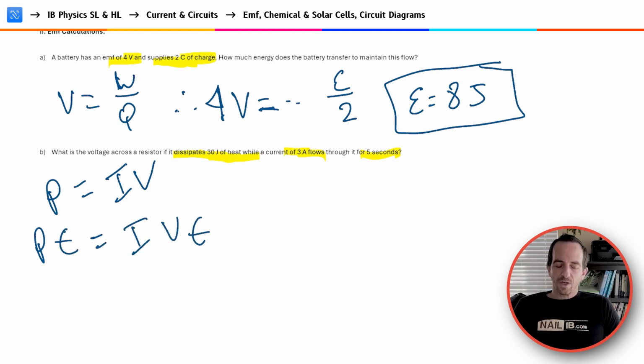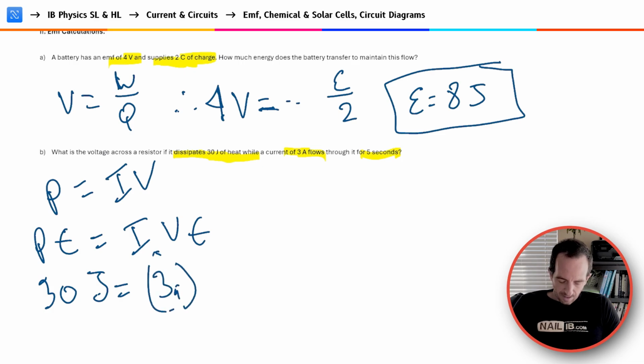So based on the given equation, power is equal to current times voltage. Power times time is equal to total energy, which in this case is 30 joules. The total energy is 30 joules. That's going to be equal to the current, which is 3 amps, times voltage, that's what we're looking for, times time, which is 5 seconds.